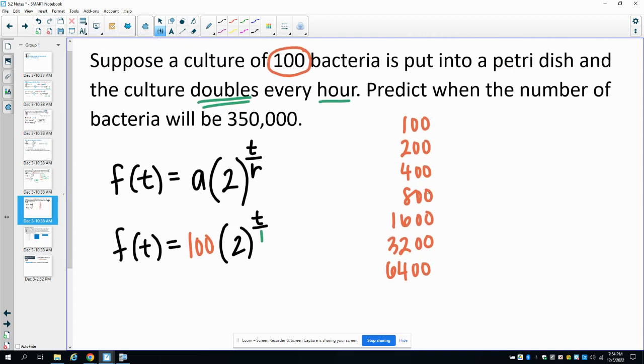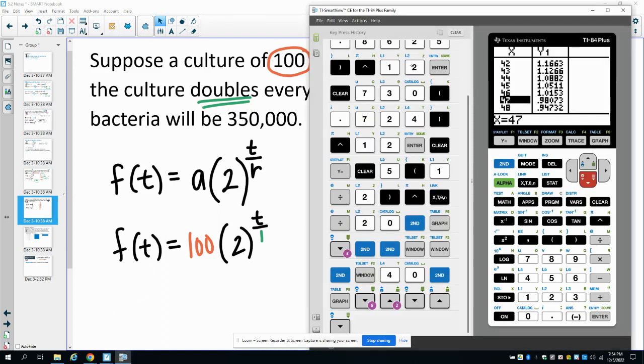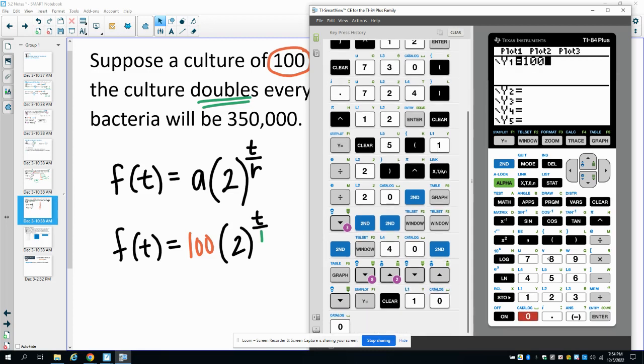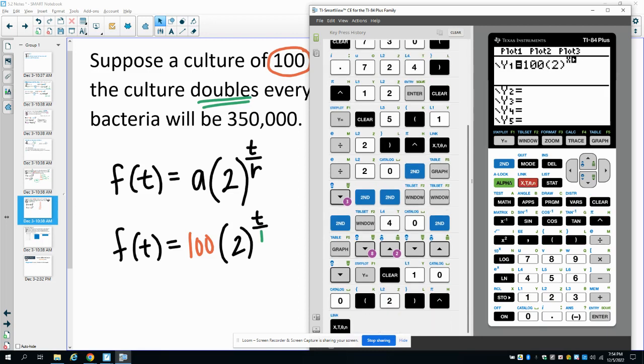This is only hours: after 1, 2, 3, 4, 5, 6 hours, we get to 6,400. But let's plug this in. Again, we go to y equals and type in 100 times 2 to the x. You don't have to put the divided by 1 because that won't do anything.